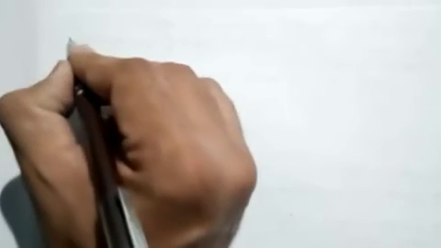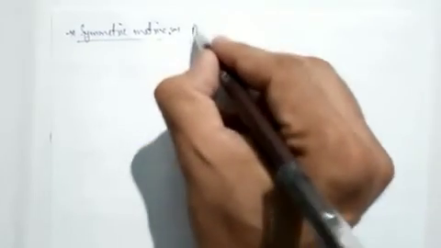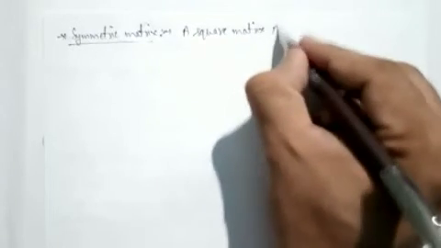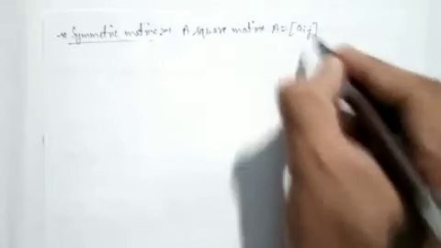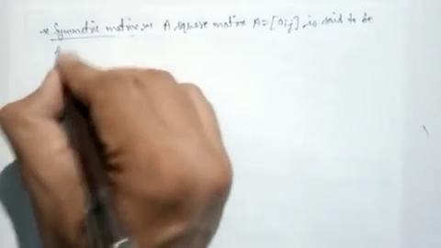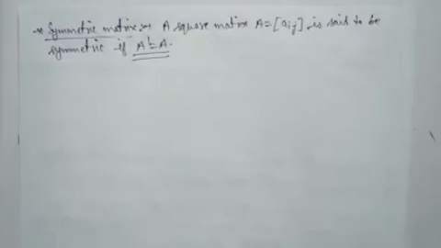Next one is important, symmetric matrix. A square matrix A equals A_ij is said to be symmetric if A transpose equals A, that is a square symmetric matrix.